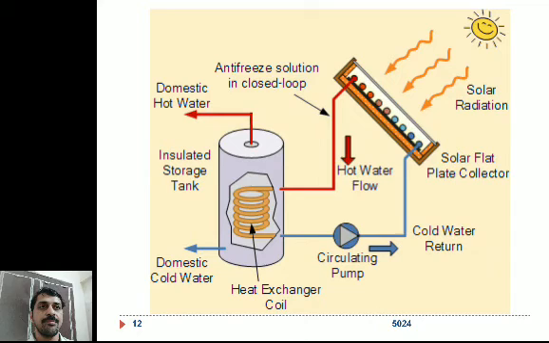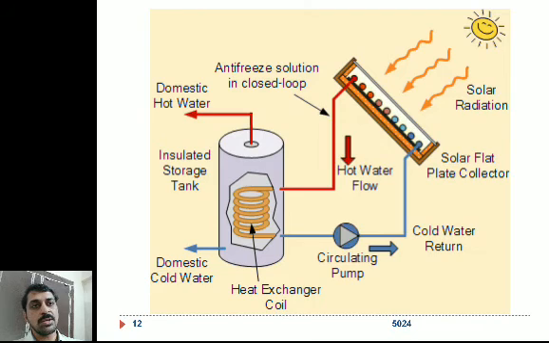We can see here, this is similar to the previous one. The only difference between the drain down system and the indirect heating system is that in the drain down system there will be a separate provision to drain down the working fluid whenever there is no solar energy available, so that freezing is avoided.